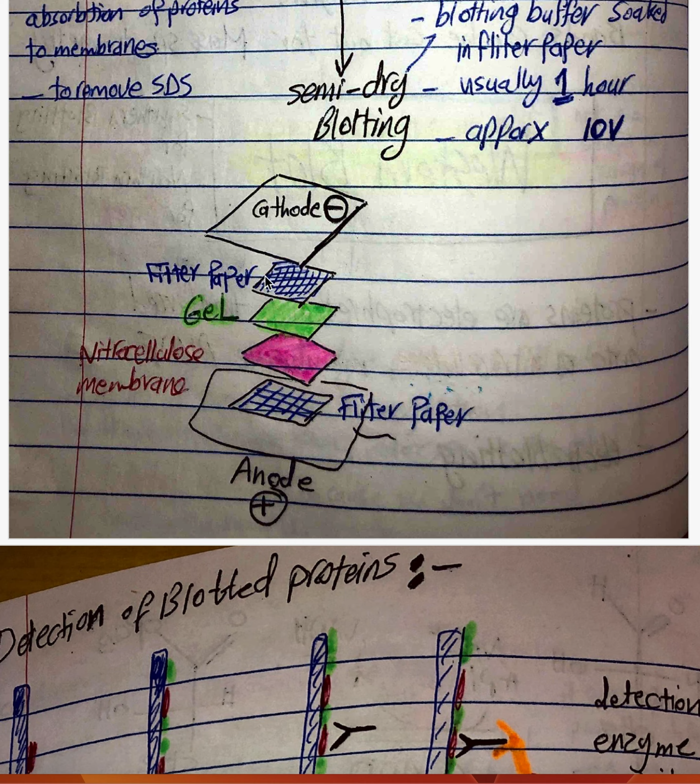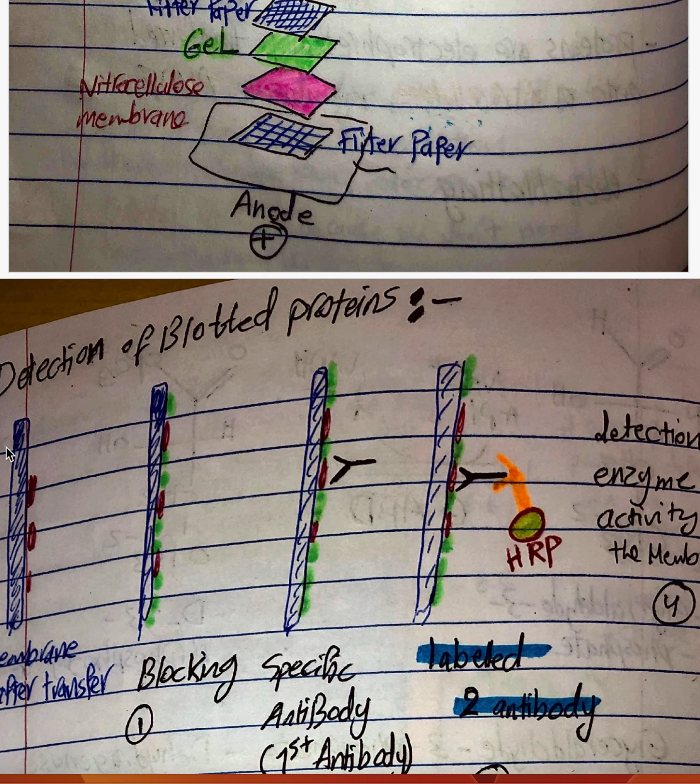So we have these proteins and we do something we call blocking. Focus on this, which is known as blocking. It's done to prevent non-specific binding of the antibodies. Why do we do blocking?